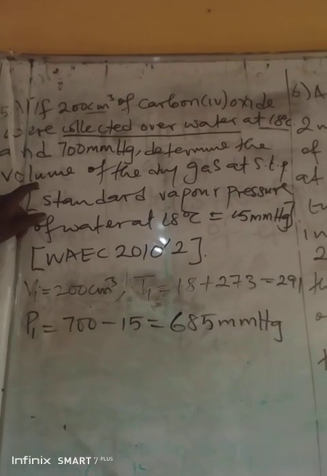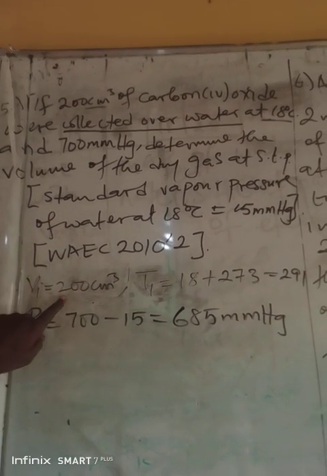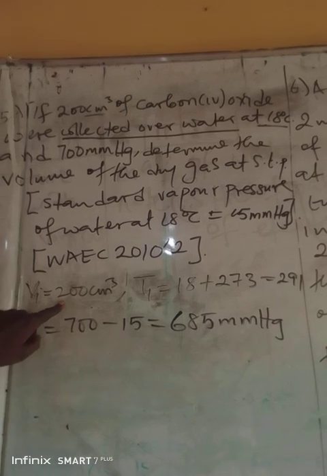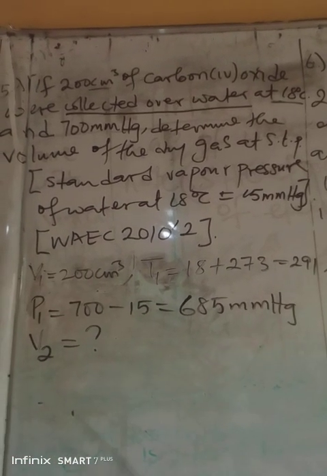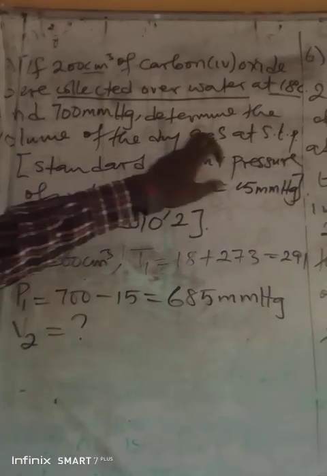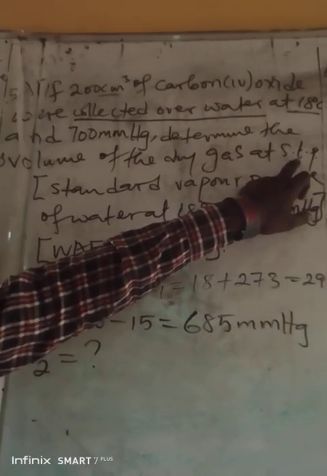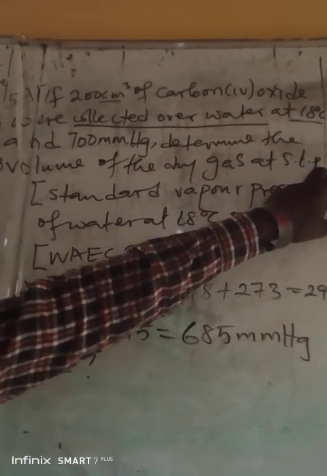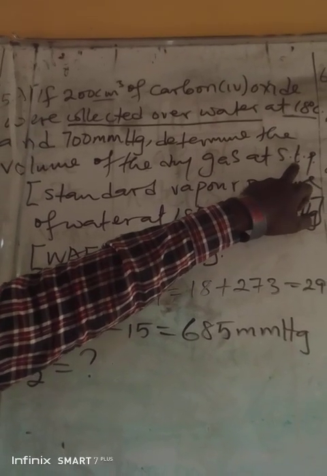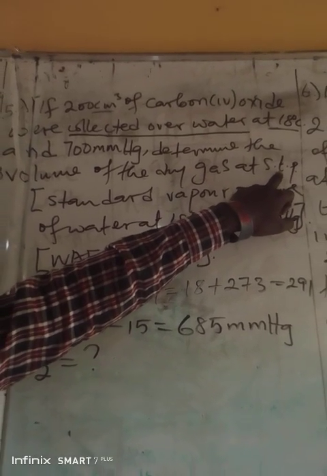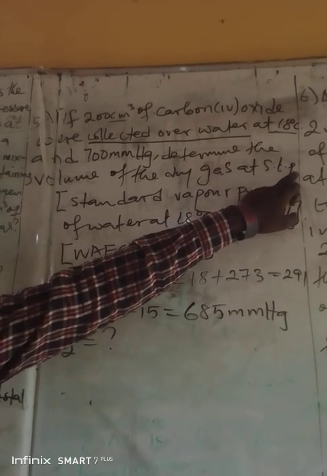Then the next one is that they now say, determine the volume. We don't know. They are giving us one volume, and they say we should find another volume. That second volume will be what? V2, the volume of the dry gas at STP. What is STP? It means standard temperature and pressure. It means your T2 will be standard temperature, and standard temperature is 273 Kelvin, while your P2 will be standard pressure.